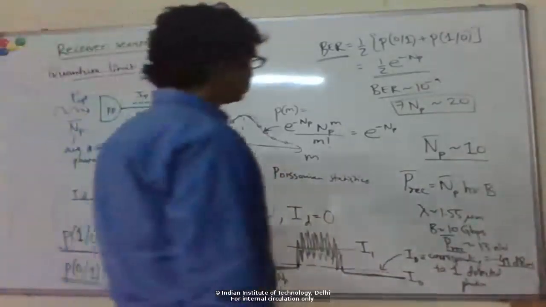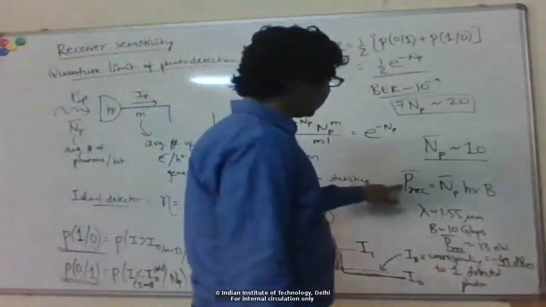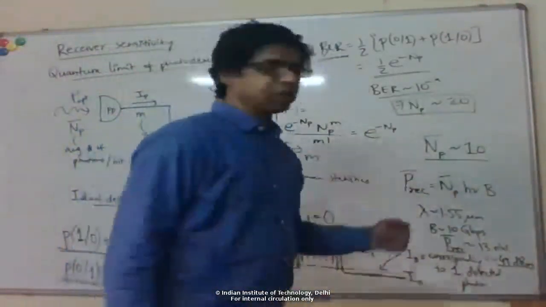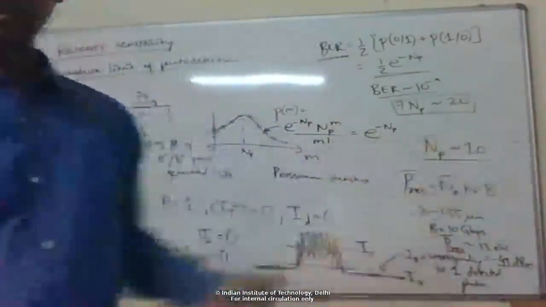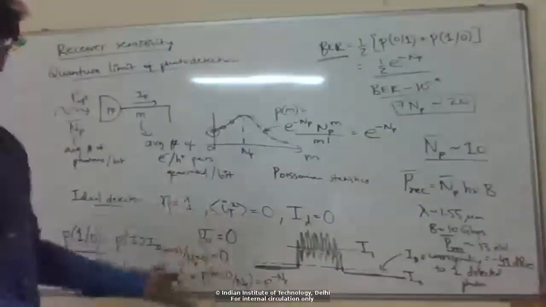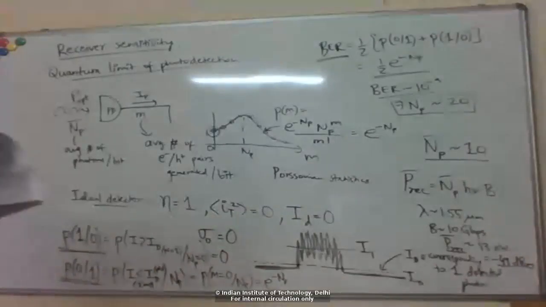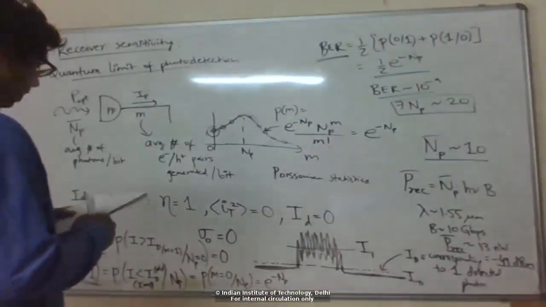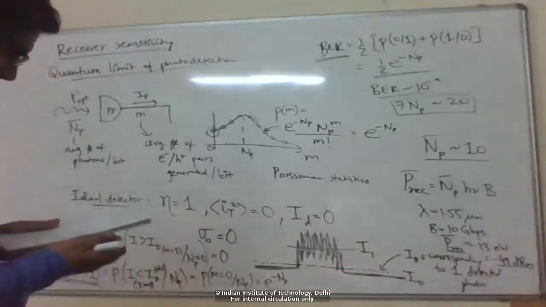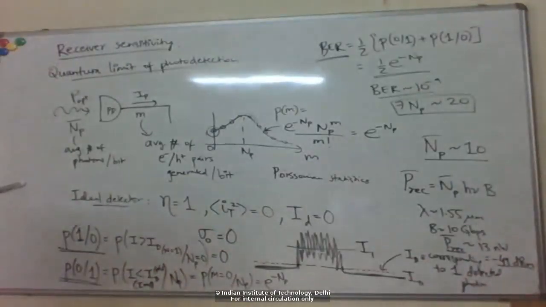In other words, for the same bit error rate, you would need a higher optical power than what we computed from here, because they will degrade my SNR. So we discussed a couple of important sources of these other types of noise.